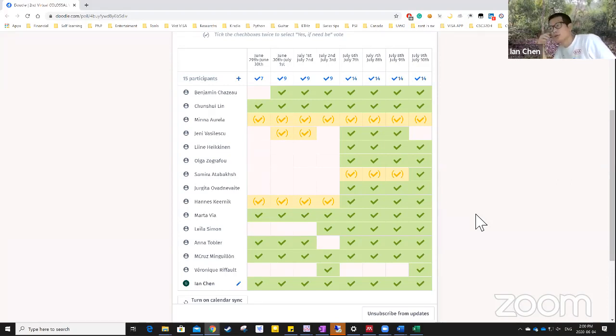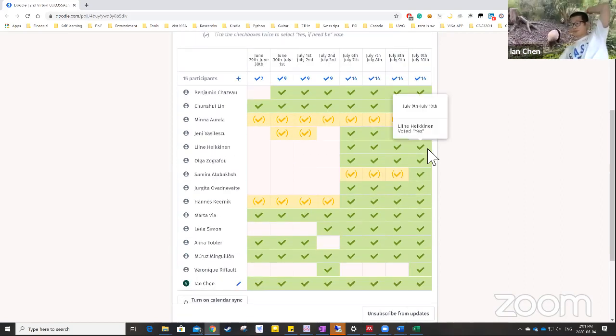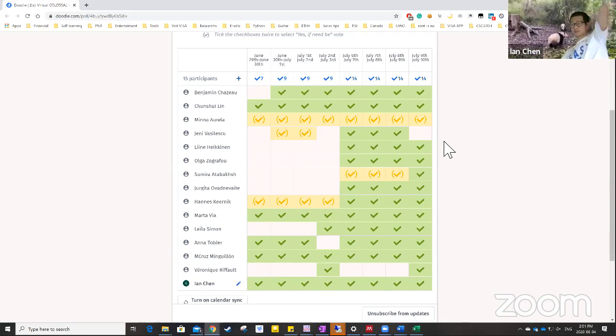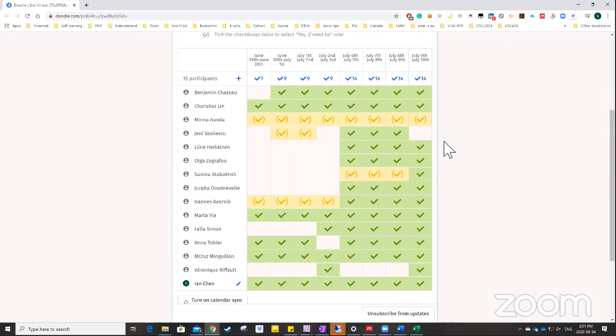I don't know which day you prefer. We have 4 potential dates. Just maybe avoid the Monday, and then anything else is okay.